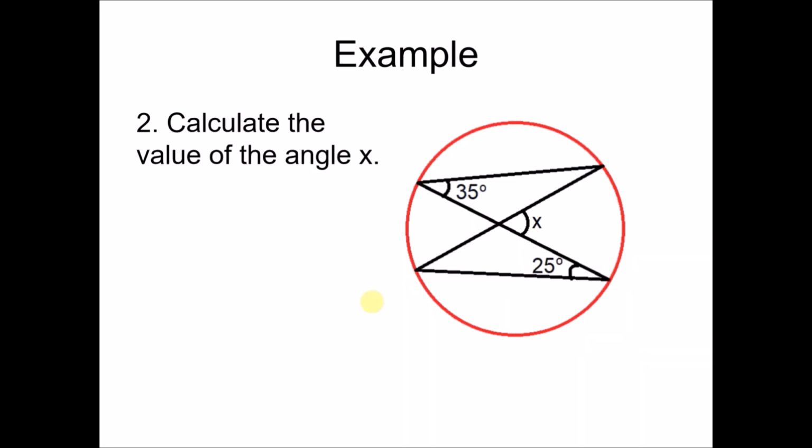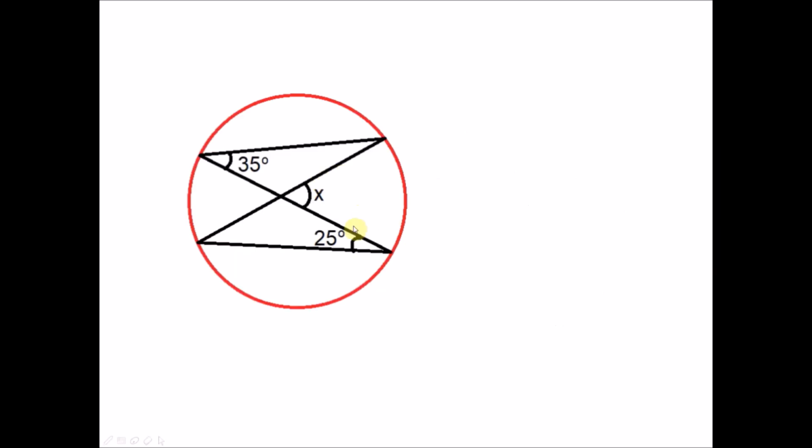Example number 2, we have a slightly harder question. Calculate the value of the angle X. So we want to find X now. You are given 35 and 25, which are angles at the circumference, so you know you need to use this information. Now we take the same diagram. I color this line yellow and this line black so that you can see the difference.